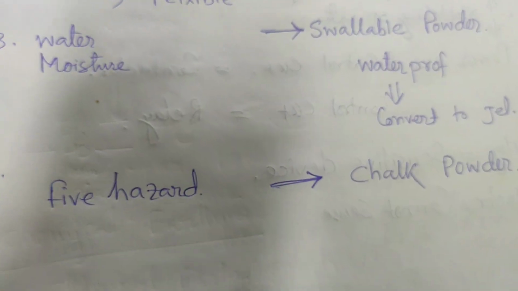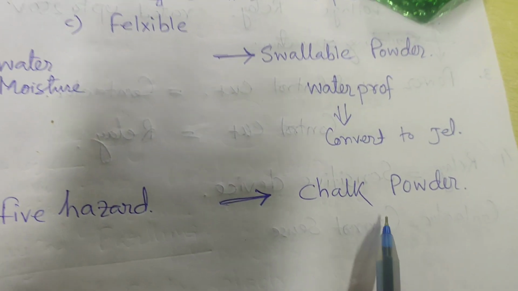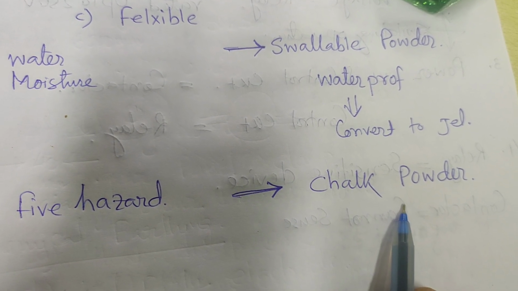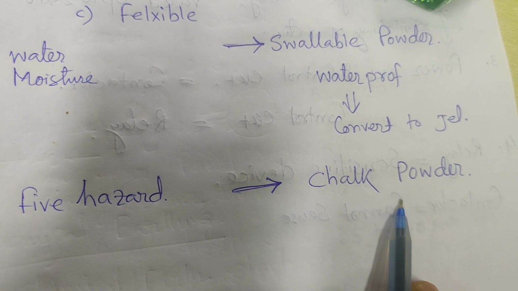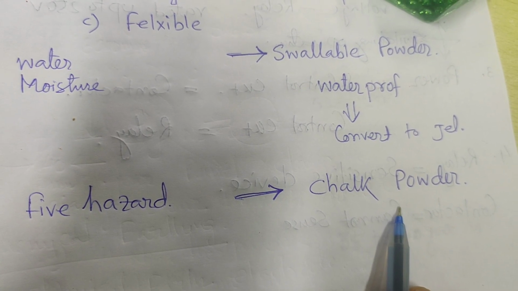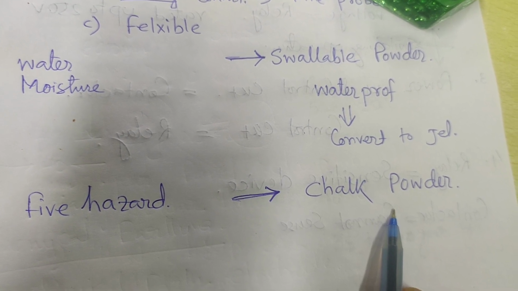And the fourth is the chalk powder. What is chalk powder? Chalk powder is used in between the layers of the cable for fire hazards or fire prone areas where there may be a chance of fire.